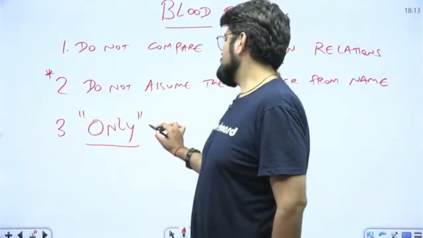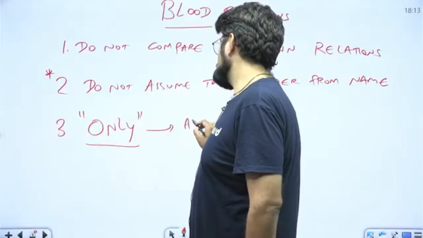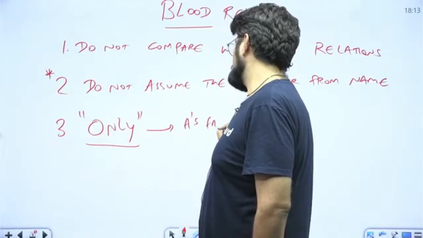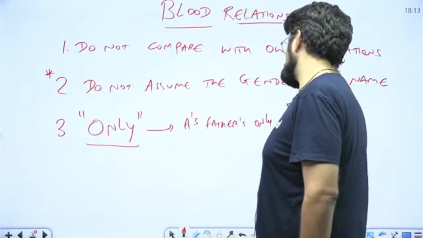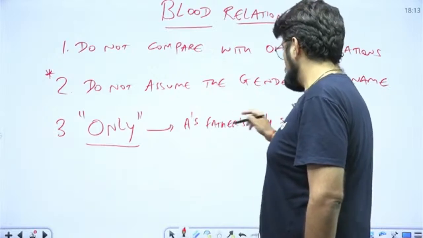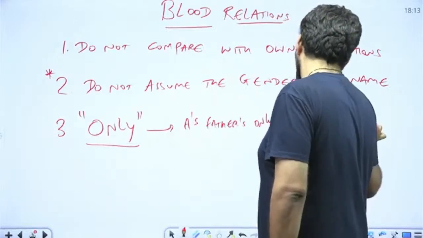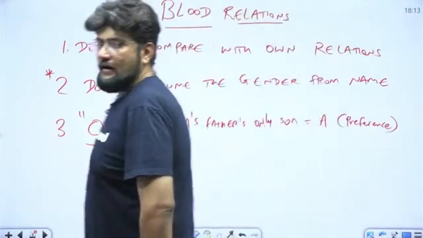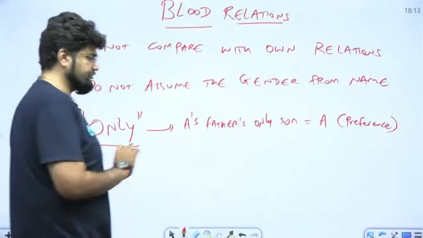So if I am saying A's father's only son, there is a possibility we are talking about A only. We'll give preference to A here. Unless we know A is a female, A's father's only son is A only.